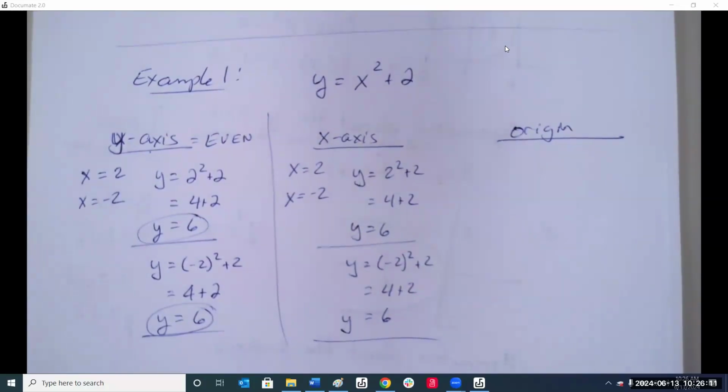Is this symmetric about the x-axis? What should happen if it's symmetric about the x-axis? But what would the numbers look like?